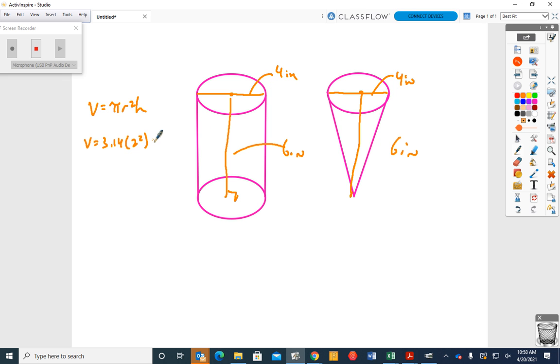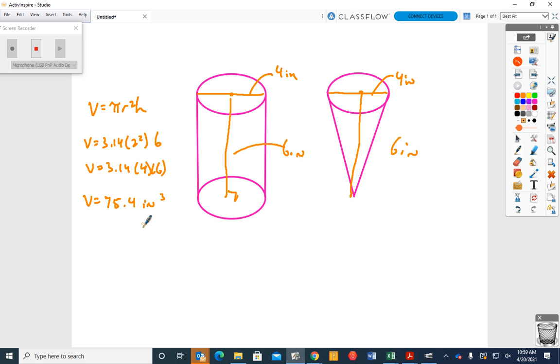Volume equals 3.14 times 4 times 6, so 3.14 times 24, and what do we get? 75.36 inches cubed. Let's round that to 75.4 inches cubed. That's the volume of this one.